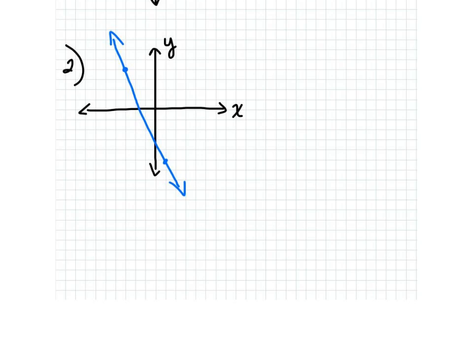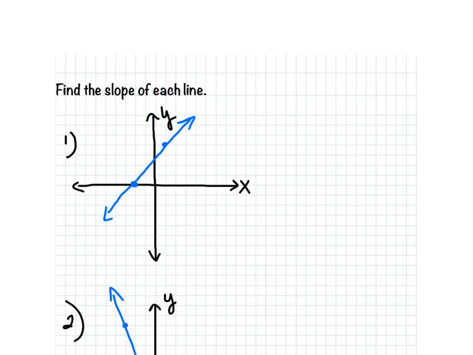Let's continue. Okay, so it's very, very simple, given the graph of an equation, to determine the slope of the line. Let me go ahead and write down the coordinate pairs that I've pictured here. I have -2, 0 as one point, and the other point is at 1, 4.